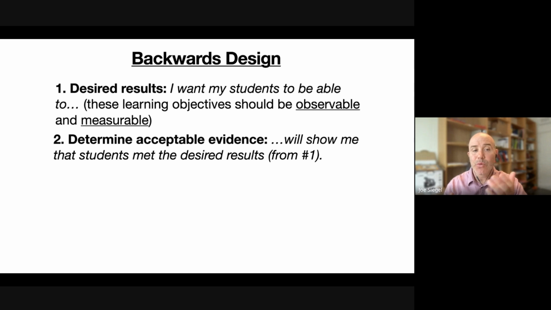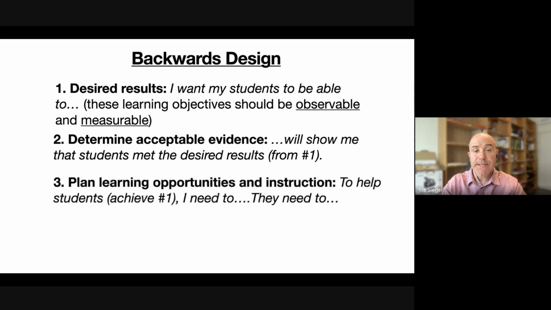What evidence will show me that my students met the desired results from number one? And so this acceptable evidence is really the assessment. If we think about what evidence am I going to be satisfied with so I can make a judgment on student ability.